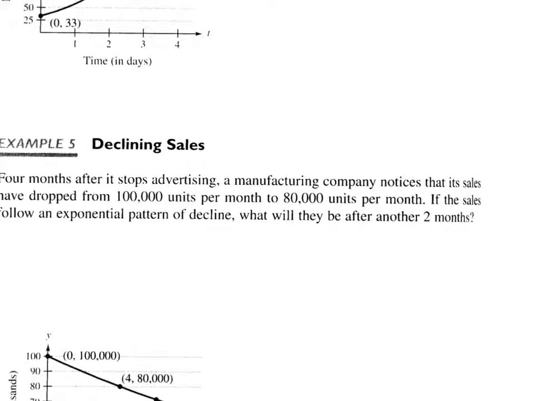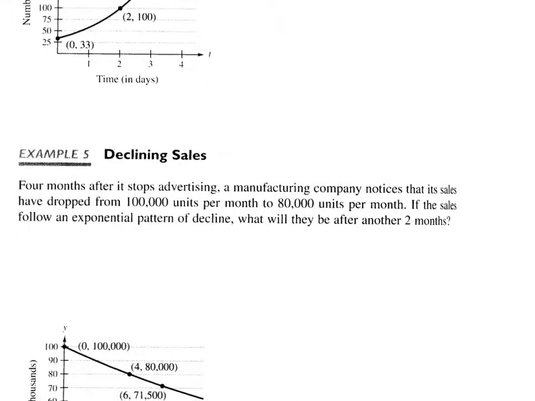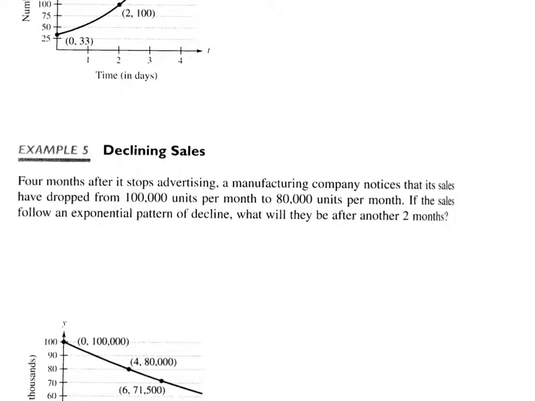Here we have declining sales. What's the impact of not doing any advertising on our business? We have this manufacturing company. 4 months after it stops advertising, it notices that its sales have dropped from 100,000 units a month to 80,000 units a month. If the sales followed an exponential pattern of decline, what will they be after another 2 months?